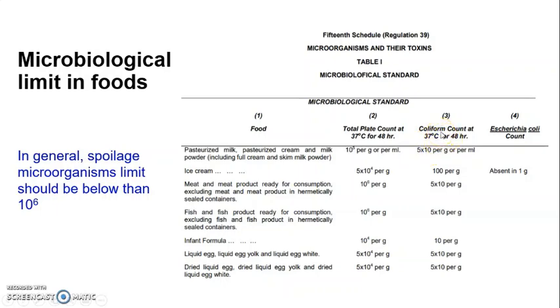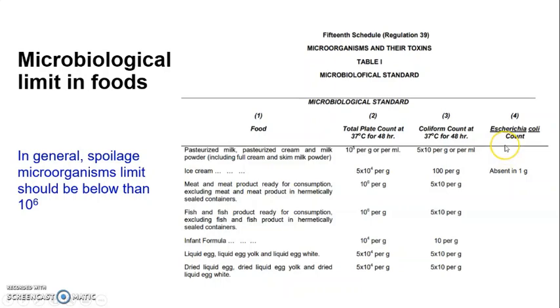Well, E. coli is actually a coliform. However, we know that not all E. coli is pathogenic. The one we are usually concerned about is E. coli O157:H7. So if we want to further investigate whether the food contains E. coli O157:H7, then we have to do further tests.